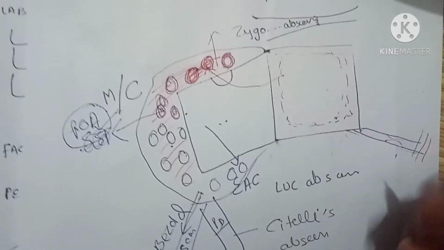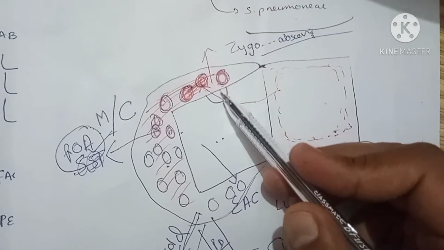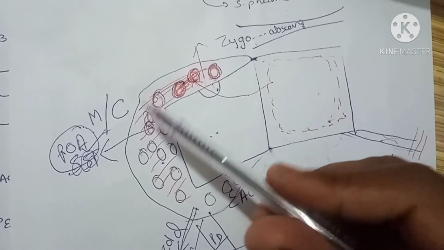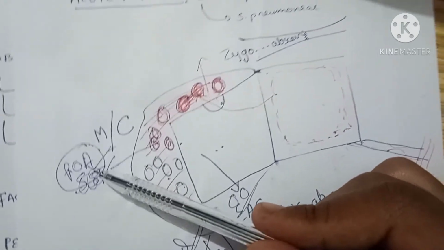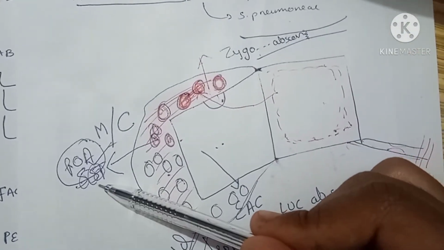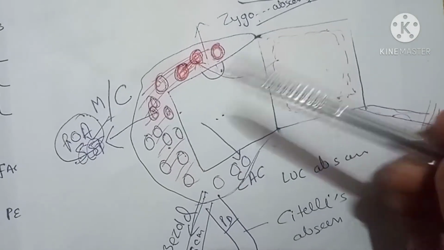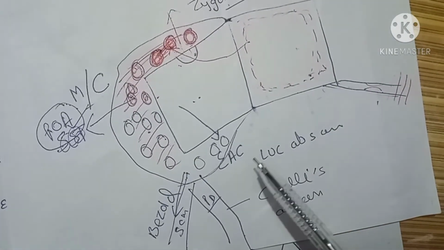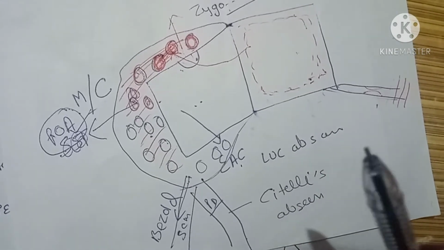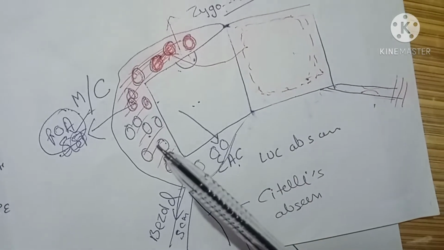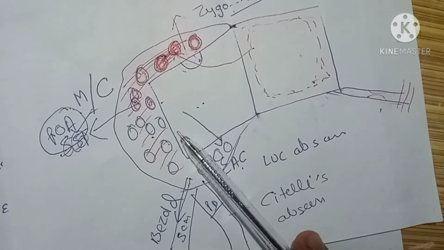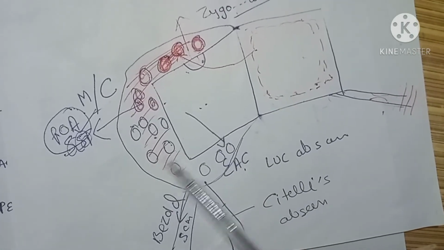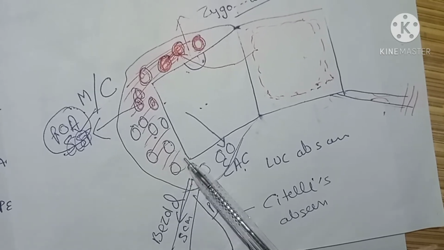So this is how acute mastoiditis may spread. It may spread superiorly causing the zygomatic abscess, posteriorly causing the post-auricular or subperiosteal abscess, which is the most common complication of acute mastoiditis. Anteriorly, again we are focusing on this, the posterior wall of the middle ear also forms the deep part of the posterior wall of the external auditory canal.